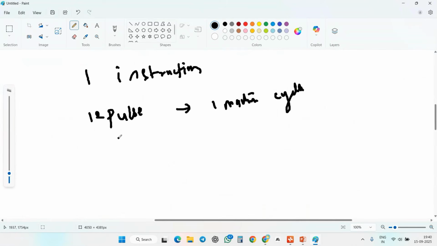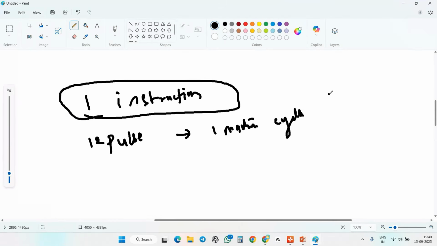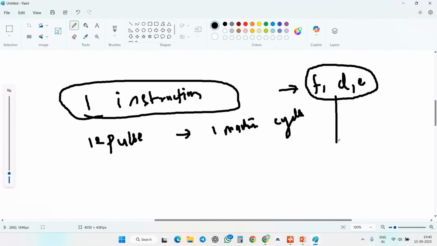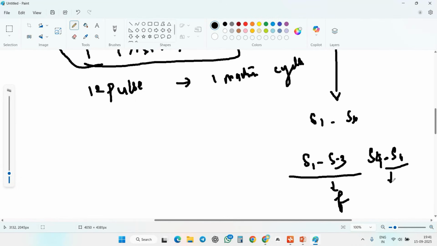I hope you got it. An instruction is fetch, decode, and execute, separated into 6 states. The first 1, 2, 3 are taken specifically for fetching the data, and state 4 to state 6 are taken as decode and execute.